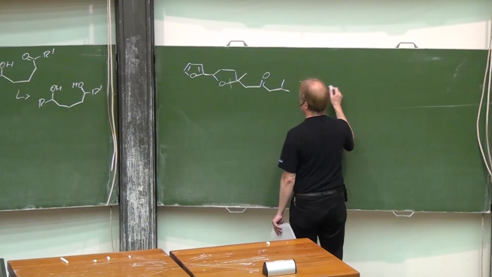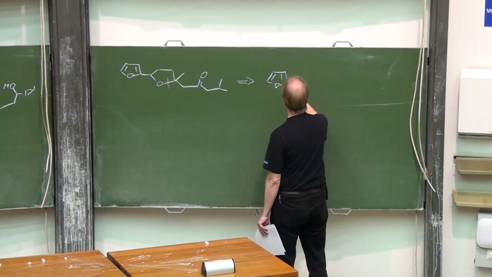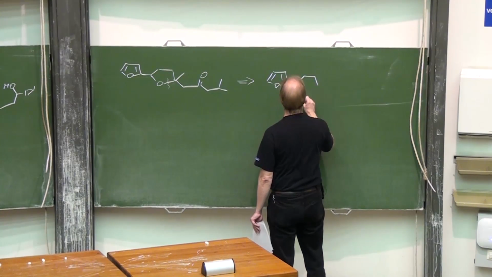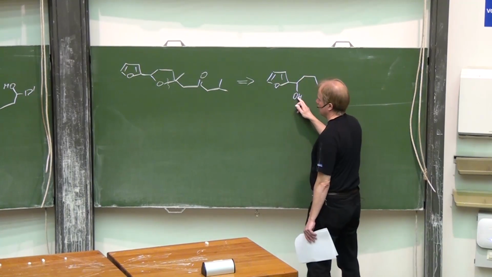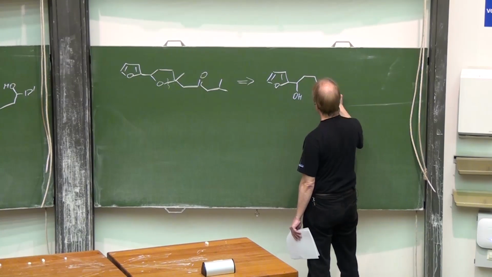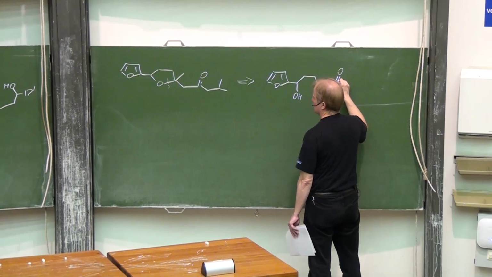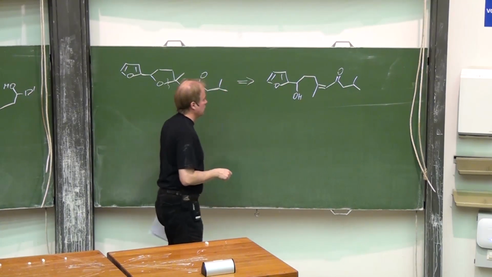So the first retrosynthesis step, therefore, is straightforward. Alcohol functionality here, there that olefin, alpha, beta unsaturated ketone. Okay.